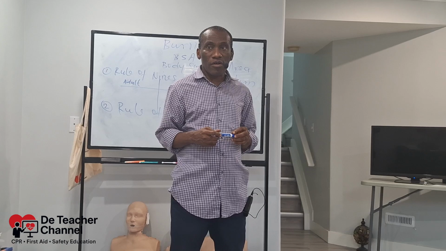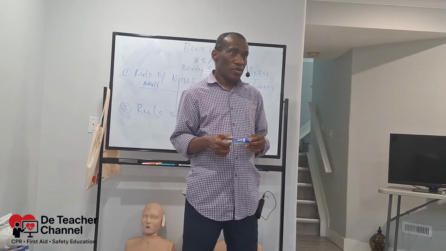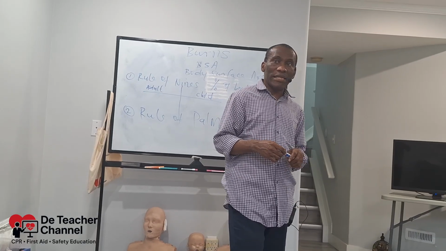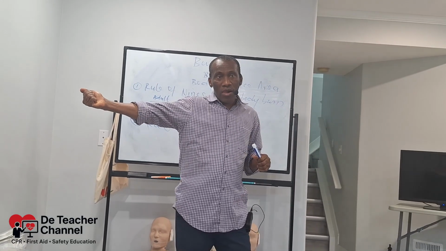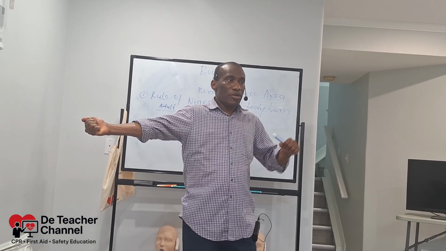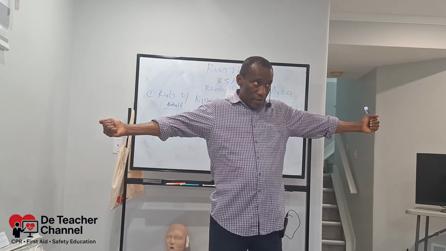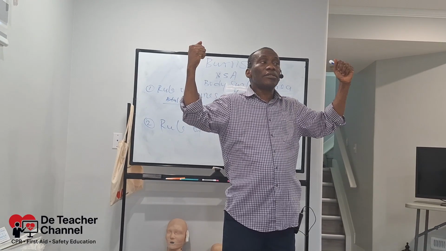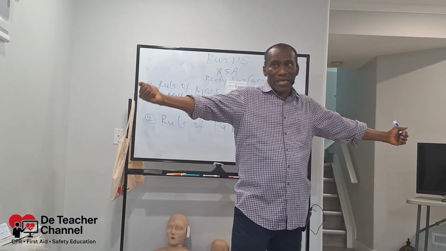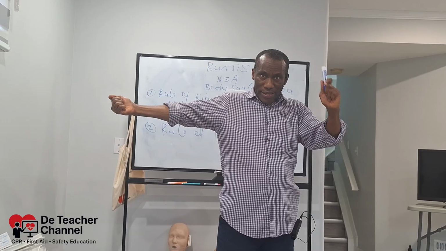This is also part of a baby, it belongs to that category. Then adult, one hand is 9%. The other hand is 9%. The same with the children. Their arm, their hands, it's 9.